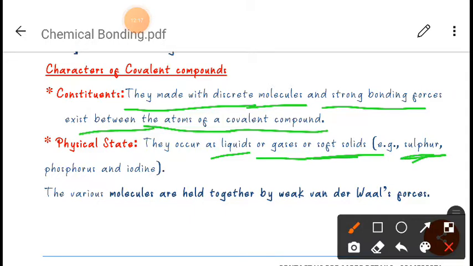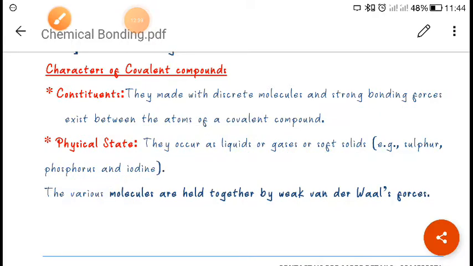In case of sulfur and phosphorus or iodine, you have seen in the lab that sulfur is a very soft solid, right. They are like that because they are covalent compounds, okay, that is why. So covalent compounds are mostly liquid or gas and soft solid, okay.